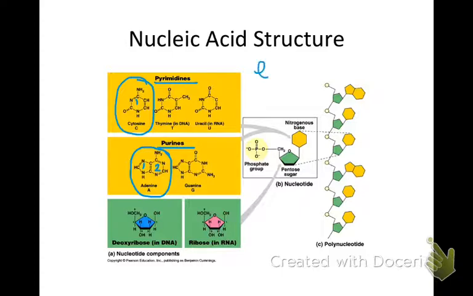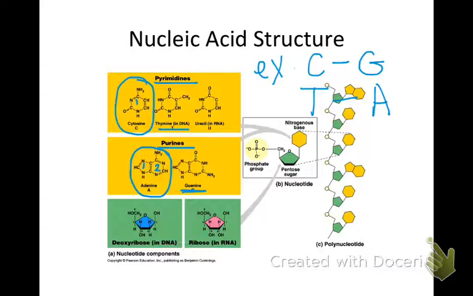In that example, write yourself out an example. Like C for cytosine, it always pairs with G, guanine. If you are thymine, this pyrimidine up here, you pair with adenine, a purine. And so on and so forth.